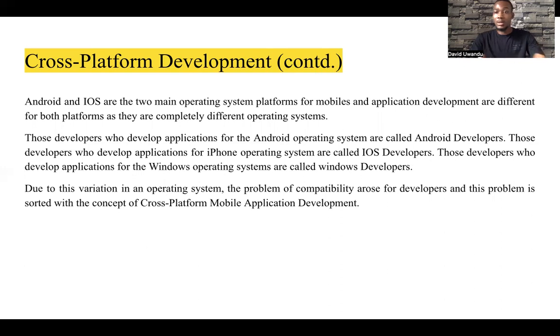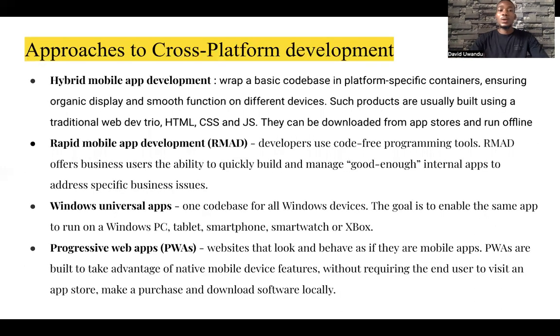Likewise, you can't have an Android app working on an iOS phone. So the developers came together and started to bring up this concept of cross-platform mobile app development, where you create just one app or one code base, and you can build different apps that can work on different operating systems.